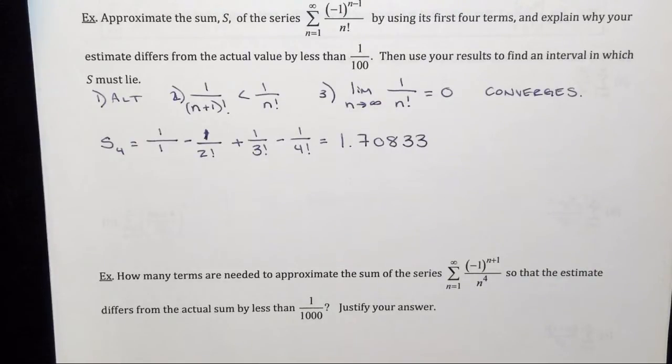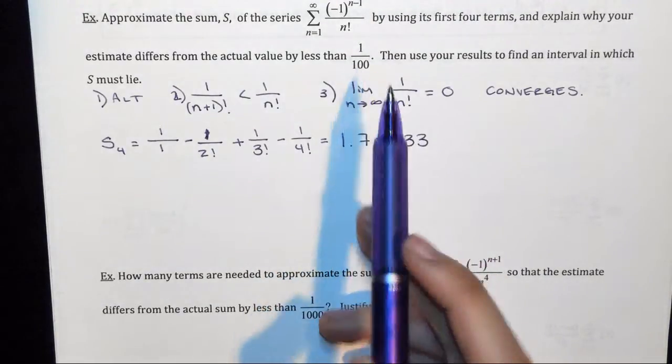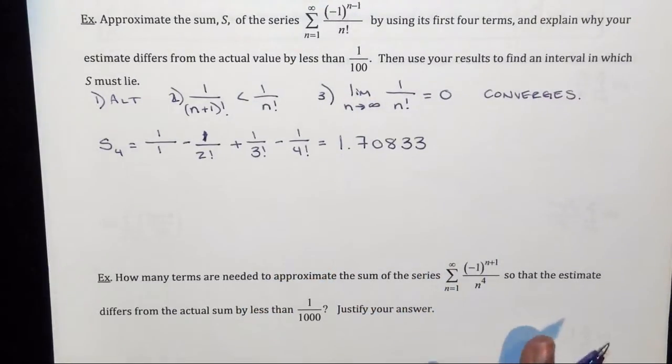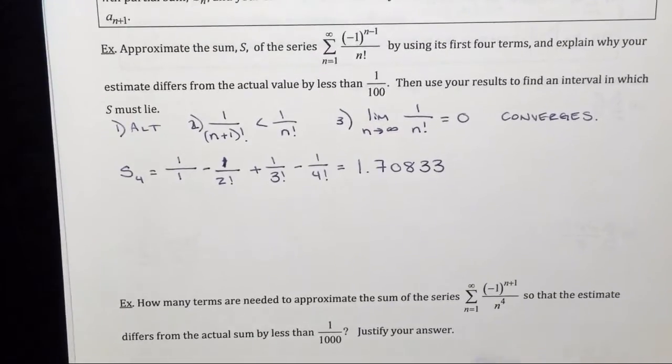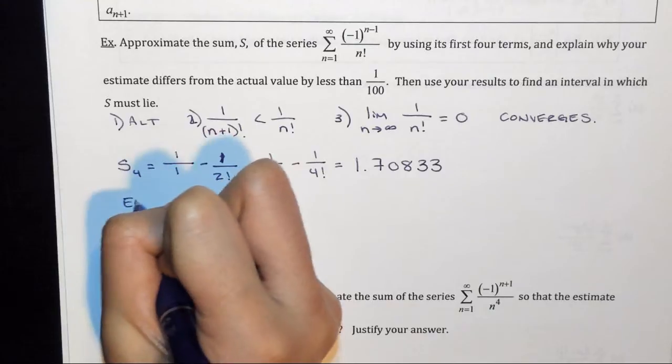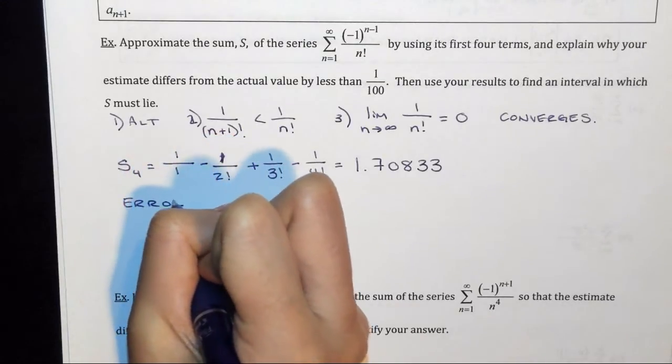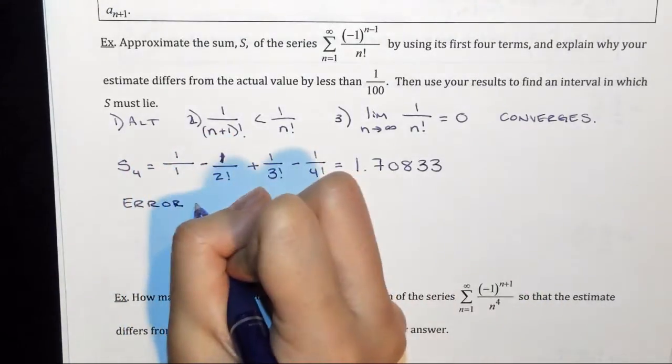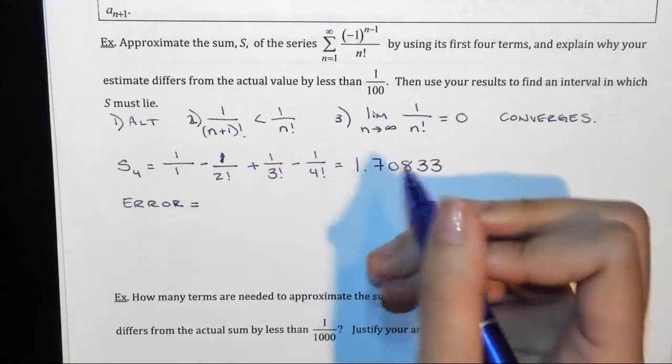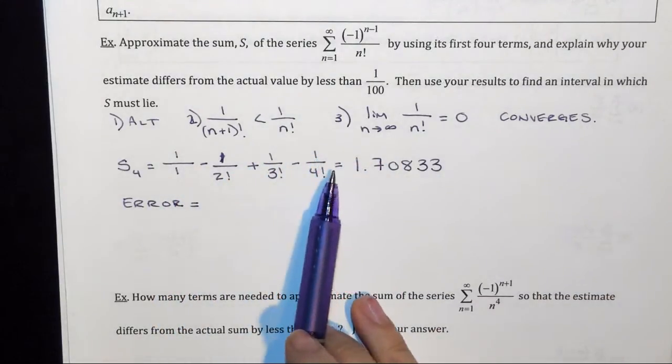All right, now explain why your estimate differs from the actual value by less than 1 over 100. Alternating series error says that the error in my approximation is going to be equal to the value of the next truncated term.